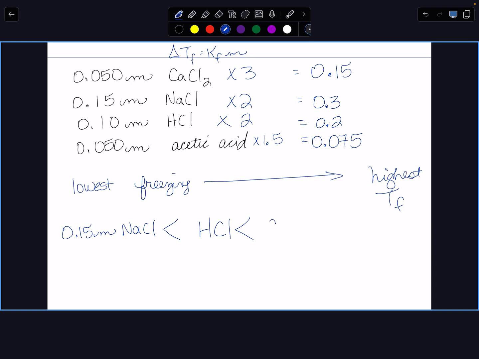Then it would be the calcium chloride. And then last would be the acetic acid. Does that make sense?